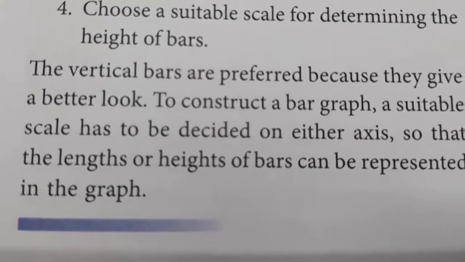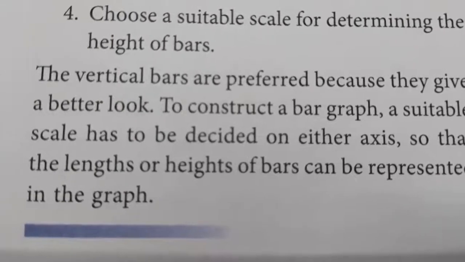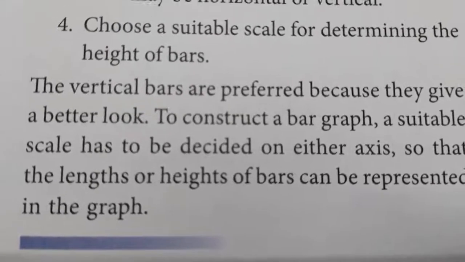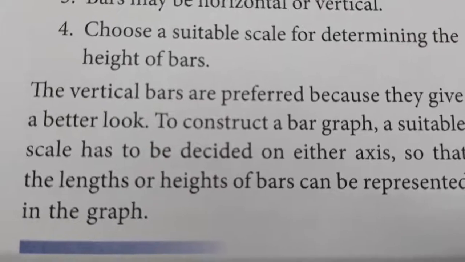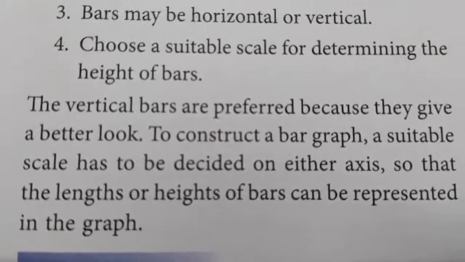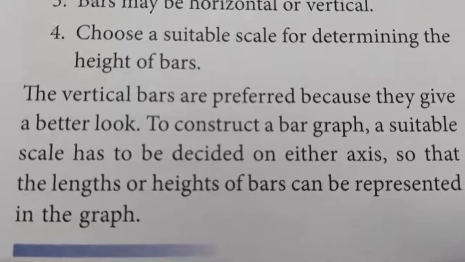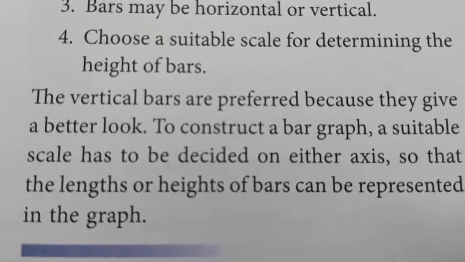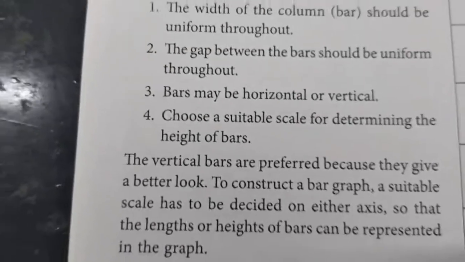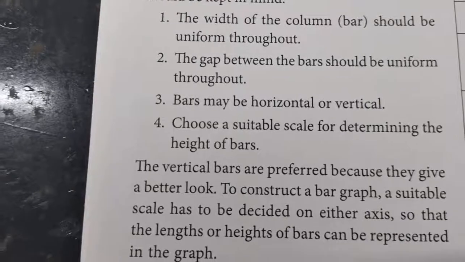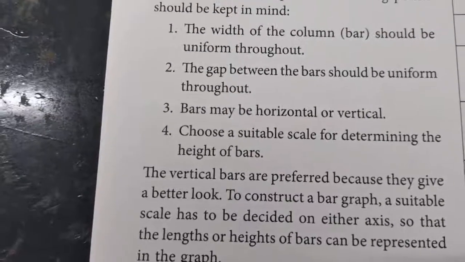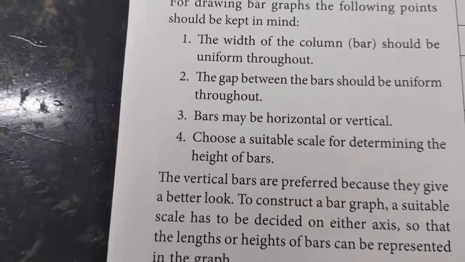A suitable scale has to be decided on either axis so that the lengths or heights of bars can be represented in the graph. So these are the points which we need to keep in mind while constructing a bar graph.